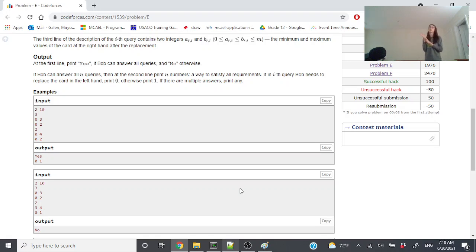So maybe it means we don't have n-squared states. What if we only care about states where the numbers are right next to each other?